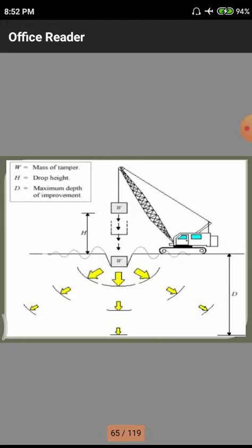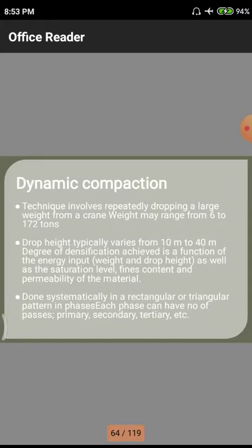The arrows indicate in which direction the pressure moves, and up to which depth the pressure moves. Beside it we have the soil strata, with notation D, and at the upper level we have H. H is the height from which the mass is lifted and dropped, and D is the depth up to which the densification occurs due to dropping the weight. Okay, this is the notation.